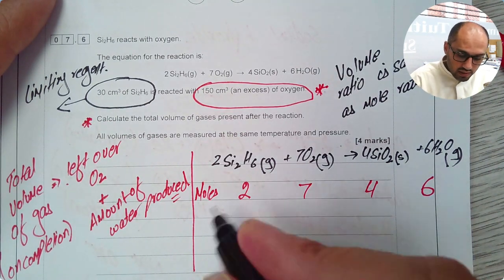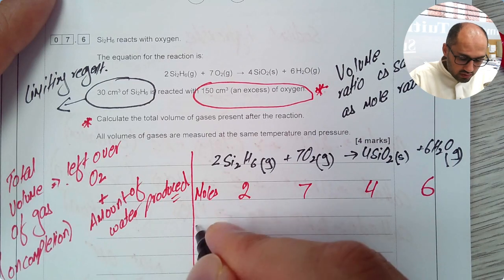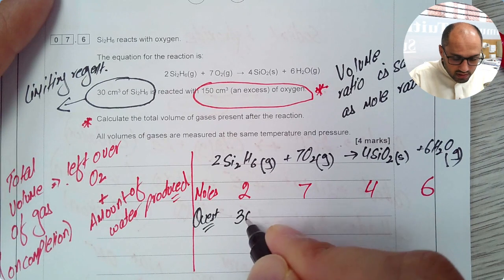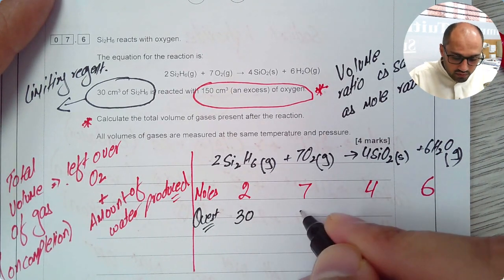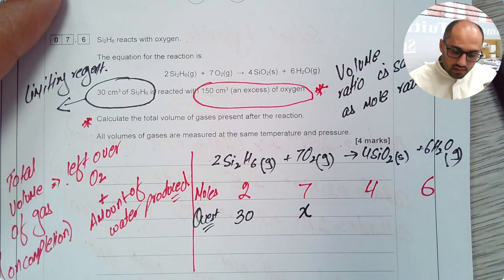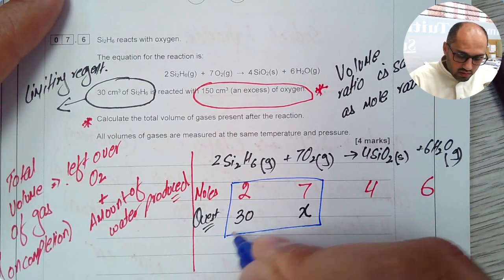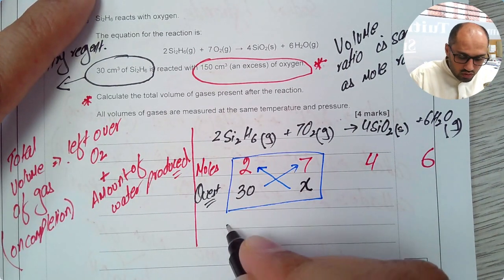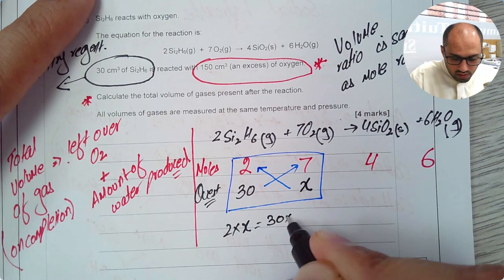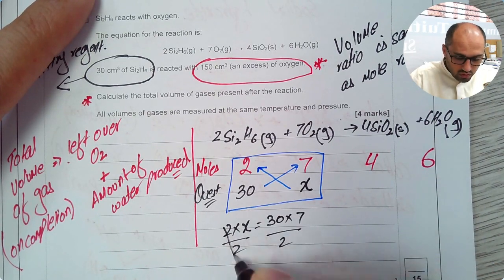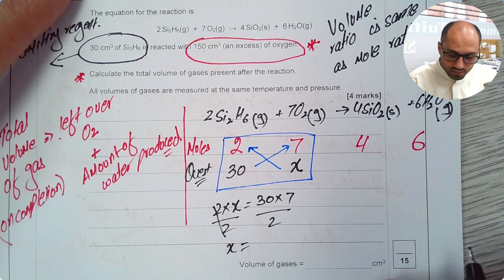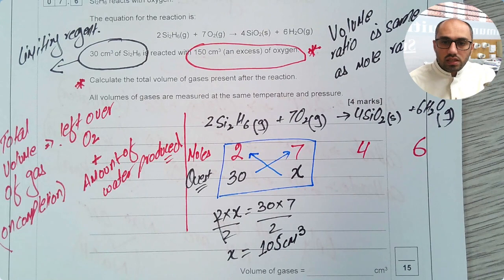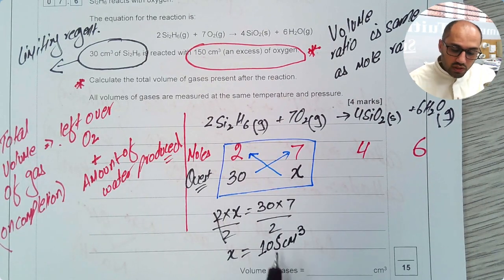This is based on the equation, this is based on the question. In the question you have 30 centimeter cube of this, and we do not know this, so I'm going to call it X. Then we can cross multiply and solve. You'll end up with 2 times X equals 30 times 7. You divide both sides by 2 and you end up with X being equal to 105 centimeter cube.